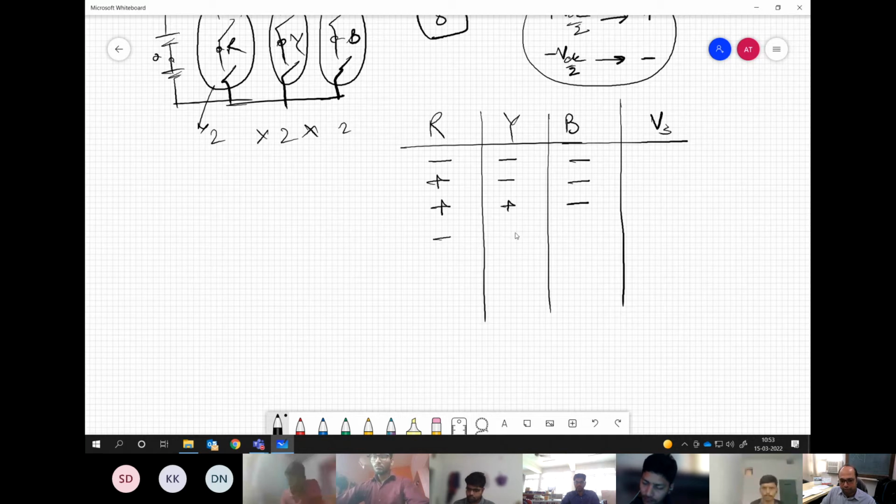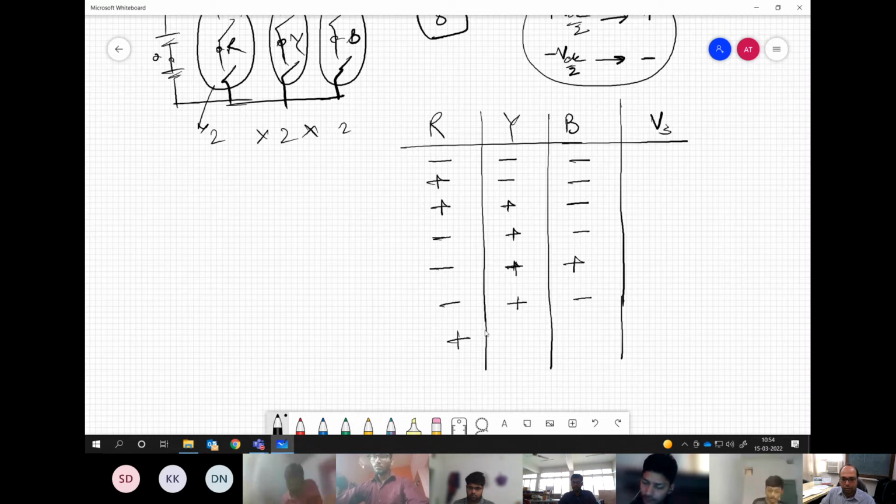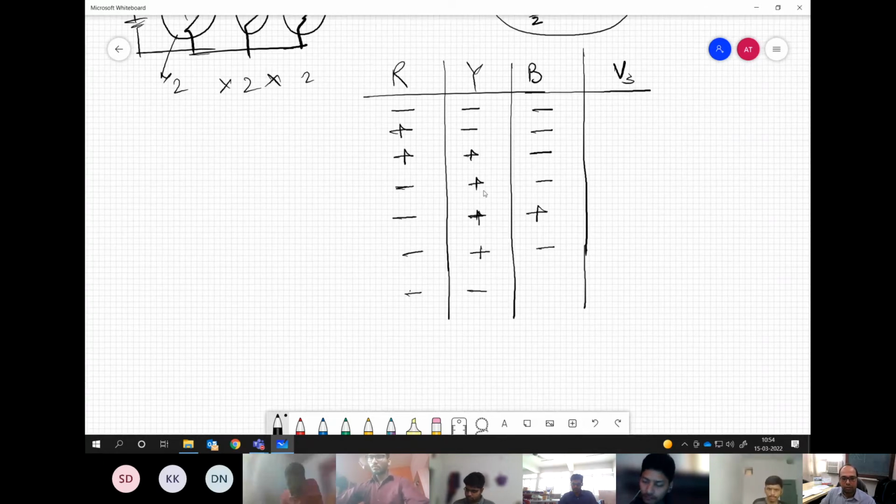I am trying to rearrange so that each step involves only one switching change.